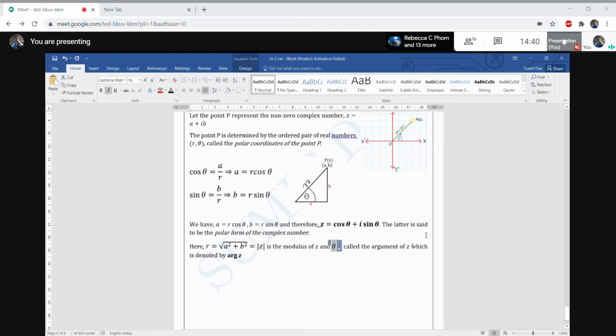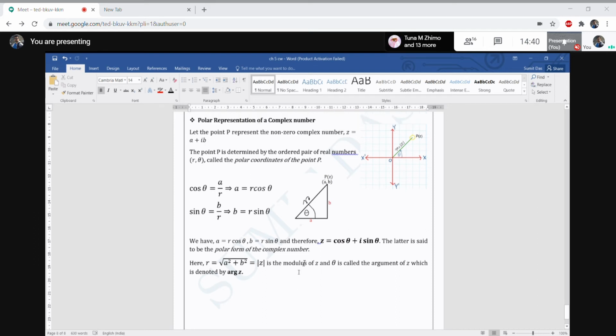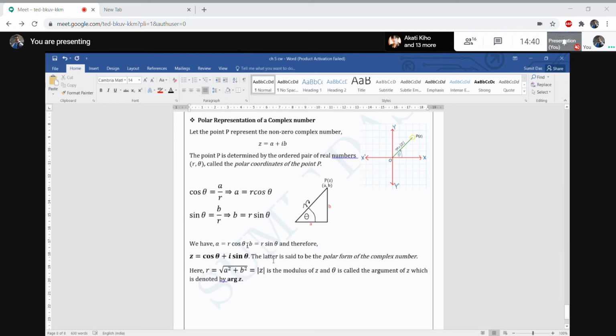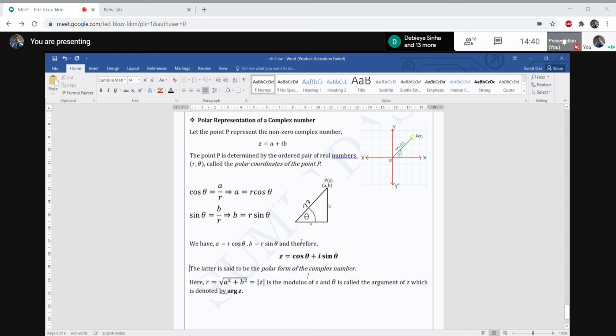And theta is called the argument of z, which is denoted by arg z. So this is the part which we learn from here: any complex number z equal to a plus ib can be represented in polar form, which is the polar representation of this.